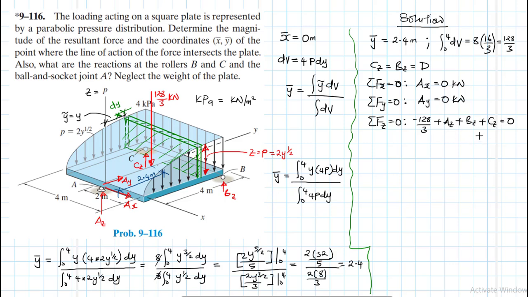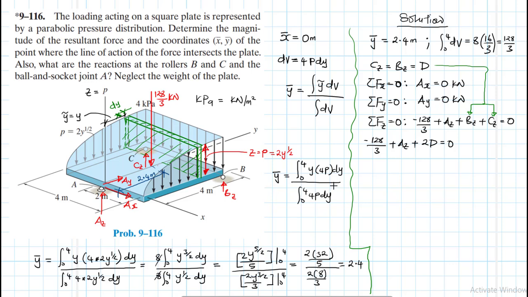But we said bz and cz are equal, therefore we can write this as minus 128 divided by 3 plus az plus 2d. This is what we said, right? We just defined this. Remember, we said these are equal, so all we've done is just replace there.